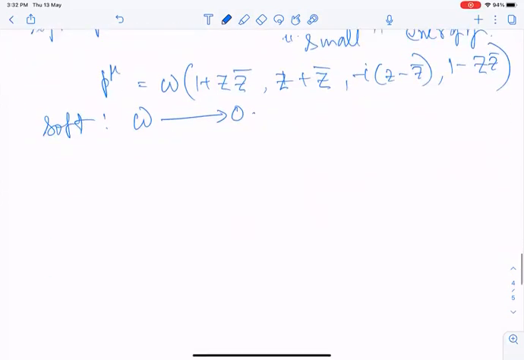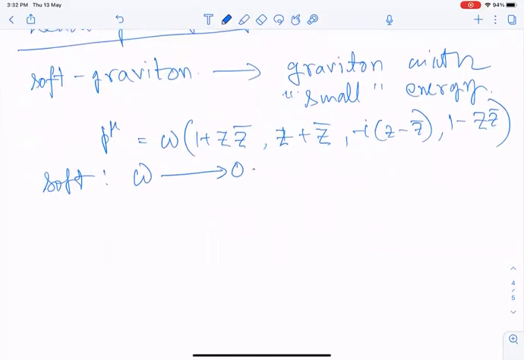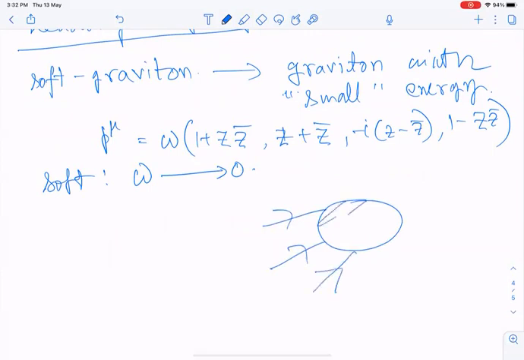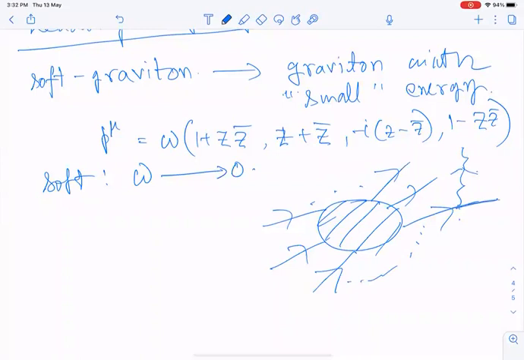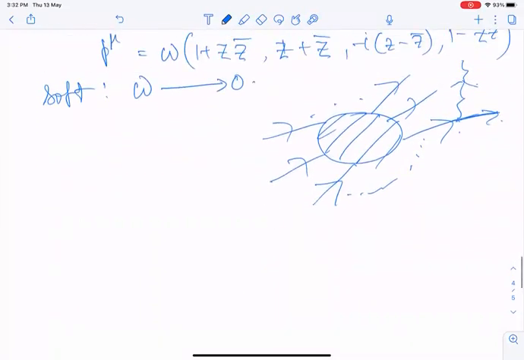Now the question is, suppose you have some scattering amplitude, so this is an S matrix element. Something is happening here, things go out, and now you can have some graviton which also goes out. Suppose this is a soft graviton. It can come out of any of the legs, so you have to sum over all of them.